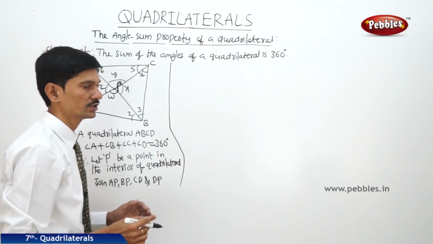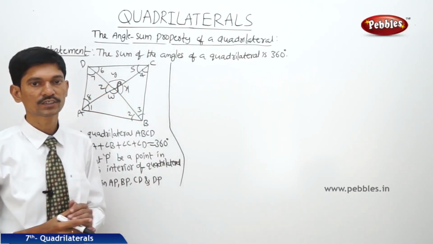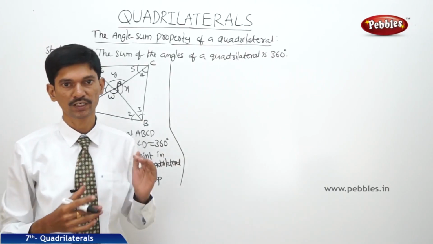Now, as you know, by the angle sum property of a triangle, the sum of the three angles of a triangle is 180 degrees.